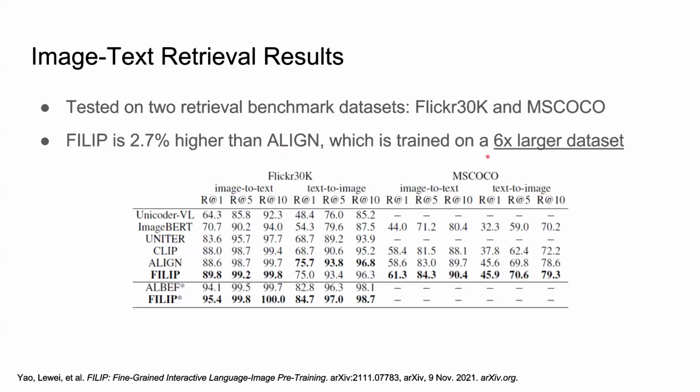And they make a point to say that FILIP is trained with the least amount of data between CLIP and ALIGN, with 340 million, while ALIGN has 6 times more image-text pairs with 1.8 billion. And so we see across the board that FILIP does quite well, in bold here, doing great across zero-shot as well down here. And it's marginally worse than ALIGN for text to image on Flickr30K, but we'll forgive them for that.